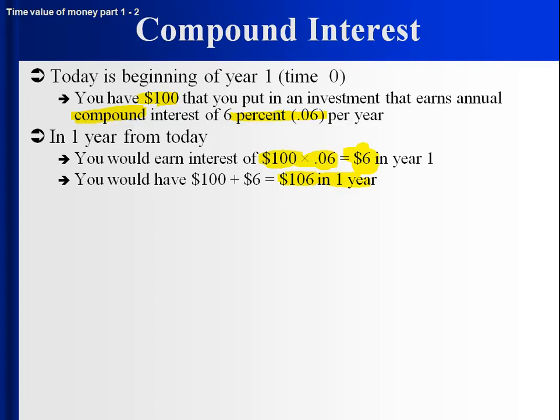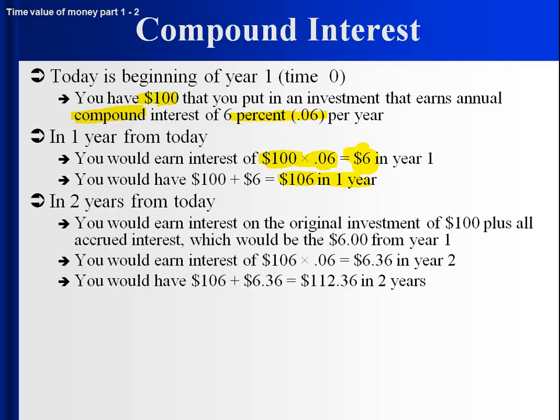Well, here's where things get interesting, because now we're 2 years from today, and you would have the $106 at the beginning of the period because it includes the original 100 plus the $6 you got in year one, and you earn 6% on that.